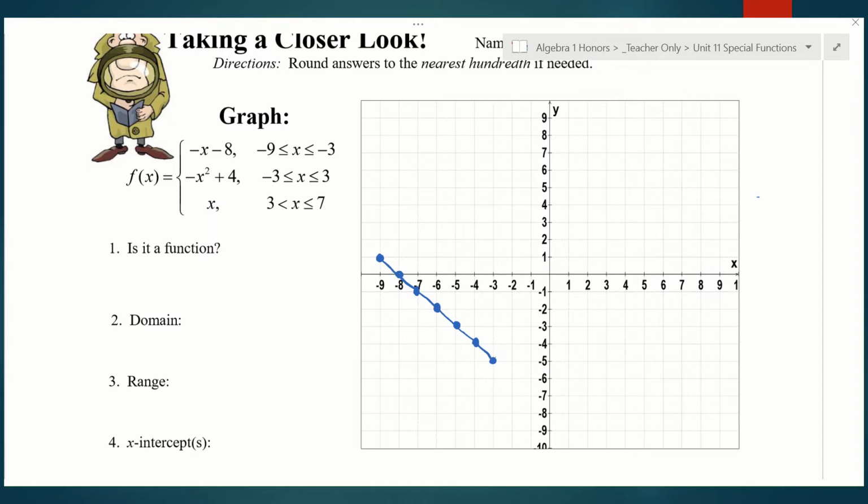The domain that we're graphing this over is from negative 3 to positive 3. So you're going to want to first find what y is when x is negative 3. And you should see that it's negative 5, which is interesting because it shows that negative 3 should be included.